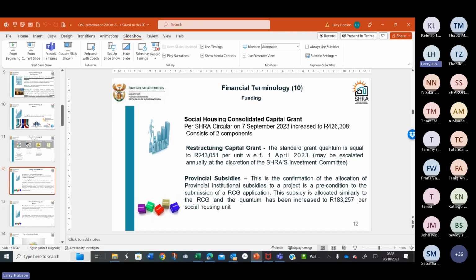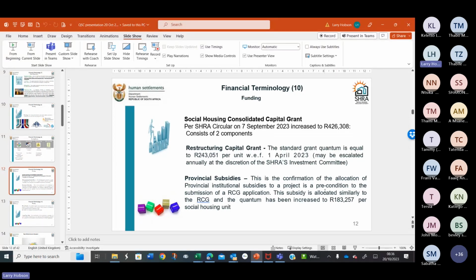Right. Next one is some more details about the grants. There was a SHRA circular on the 7th of September, which increased that amount to 426,308, consisting of two components: the Restructuring Capital Grant of 243,000, and the provincial subsidies of 183,000.